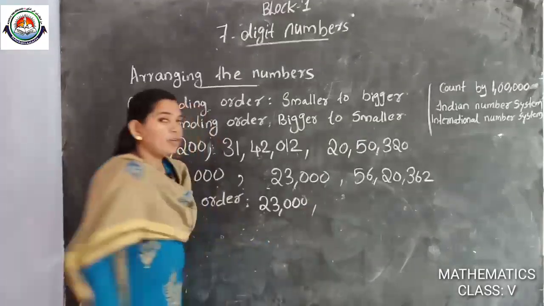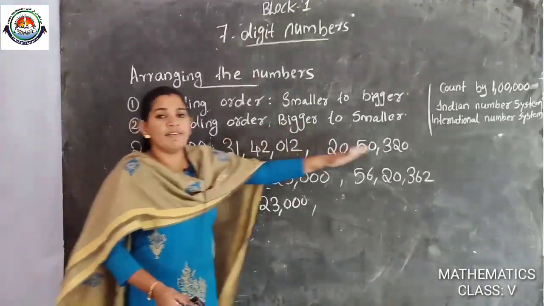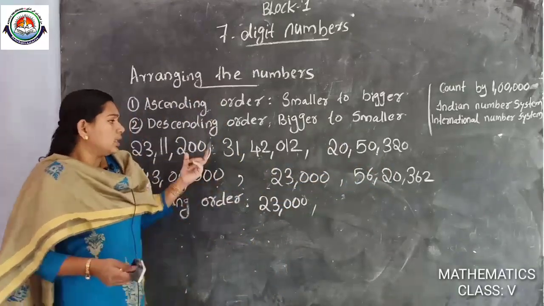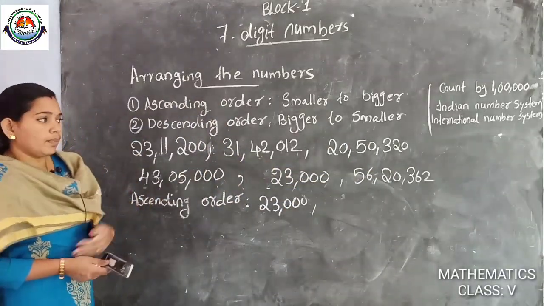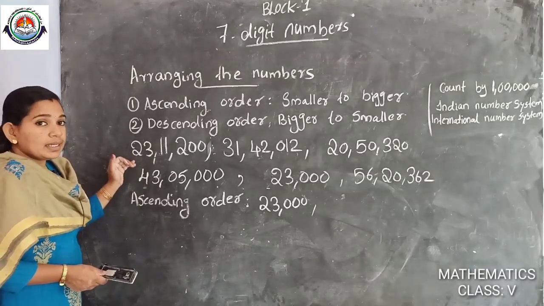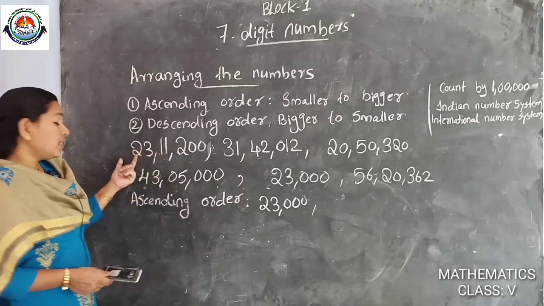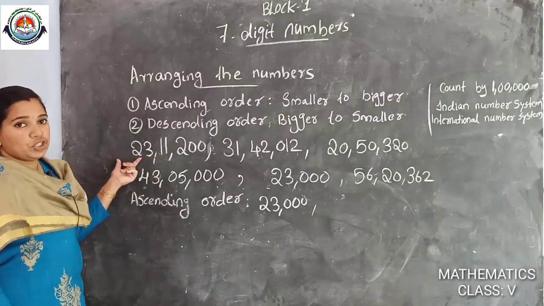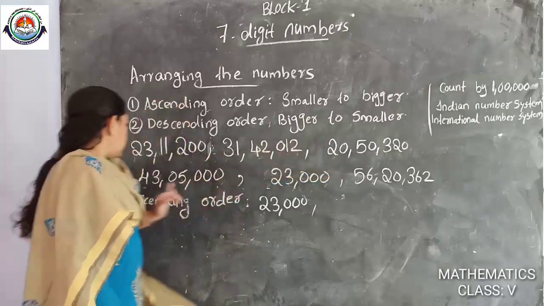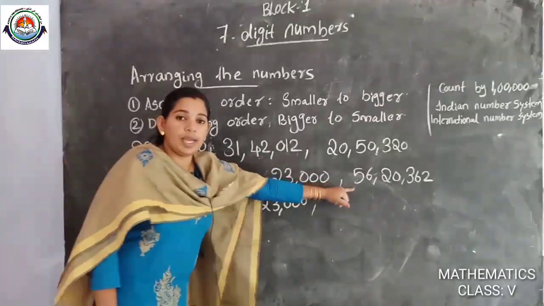Then how do we find the second number? All the remaining have 7 digits. Then we follow the next method: we check the highest place digit. The highest place here is the 10 lakh position. Here 2, here 3, here 2, here 4, here 5.